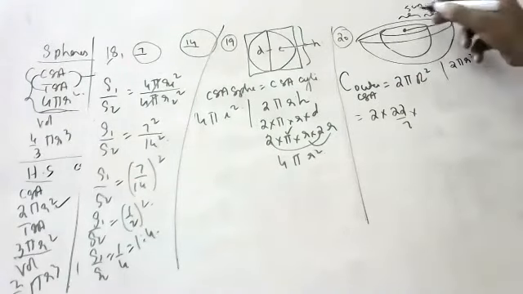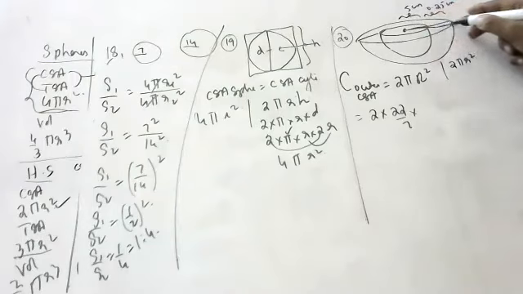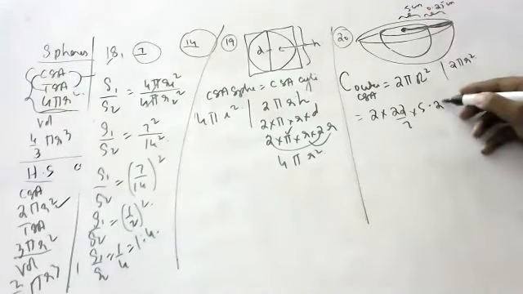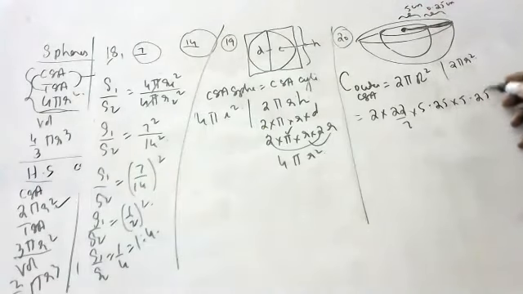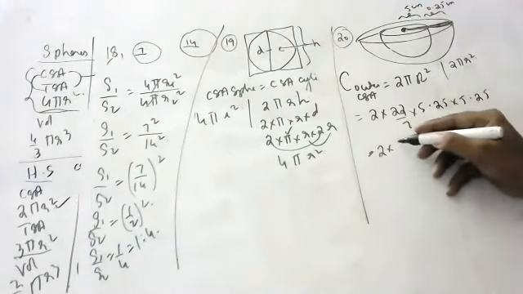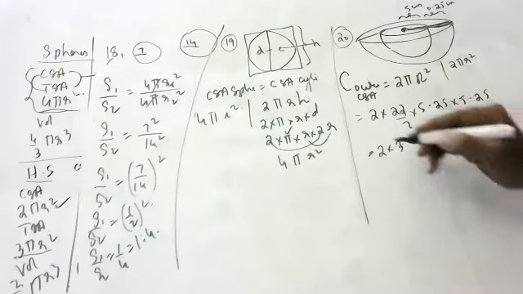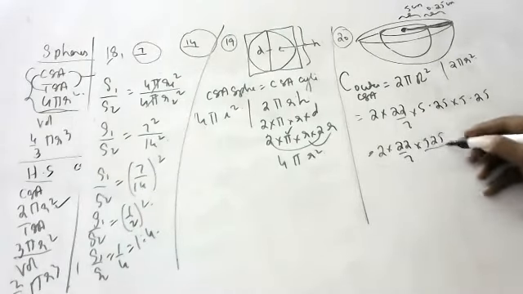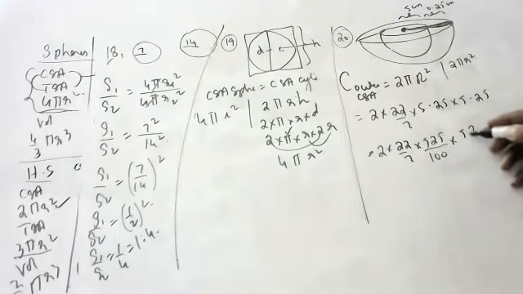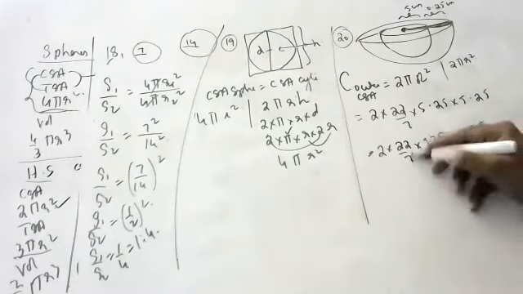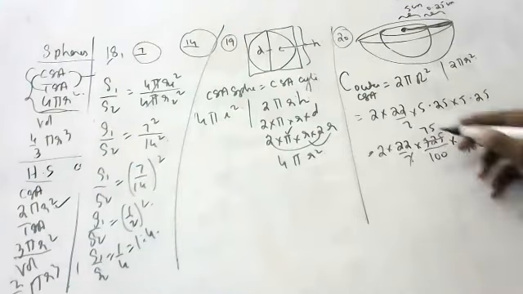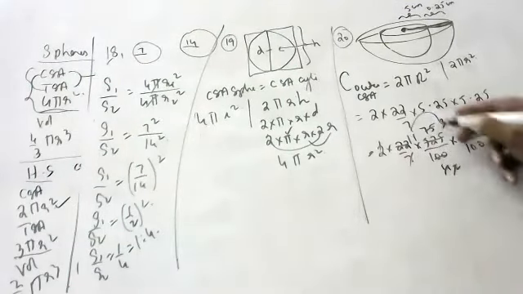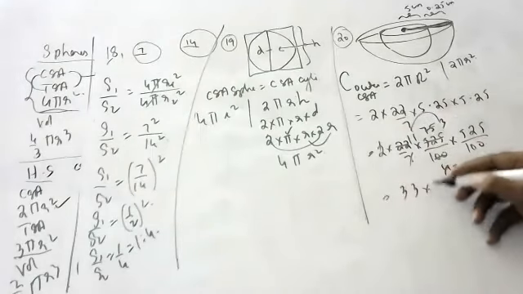How much is R? 5 plus 0.25, which is 5.25 into 5.25.